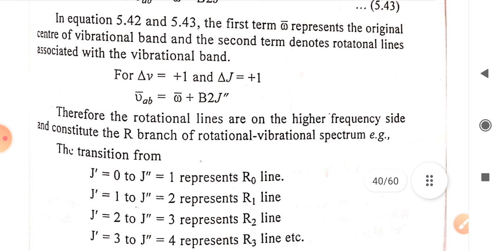So we have the combined spectroscopic spectrum in the P branch and the R branch.